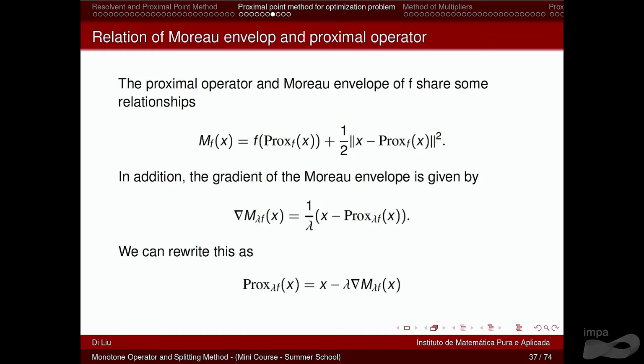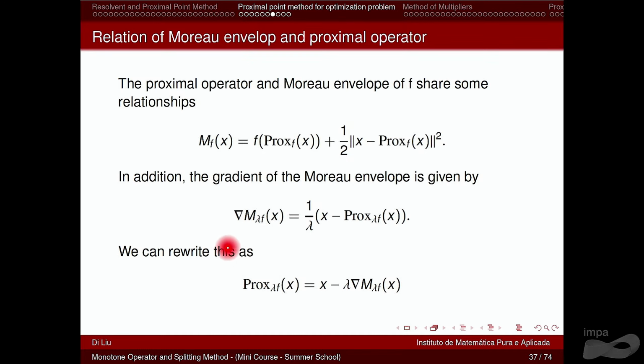And the relation is, when the point x equals the proximal operator of f, then the Moreau envelope, because it has the infimum here, but if the point is just the proximal operator, it reaches its infimum, okay? And in addition, we can calculate the gradient of the Moreau envelope.